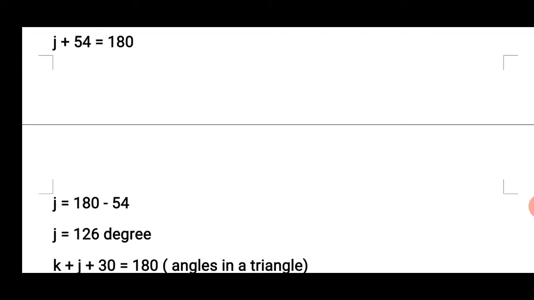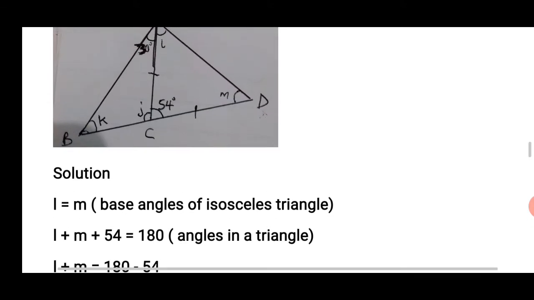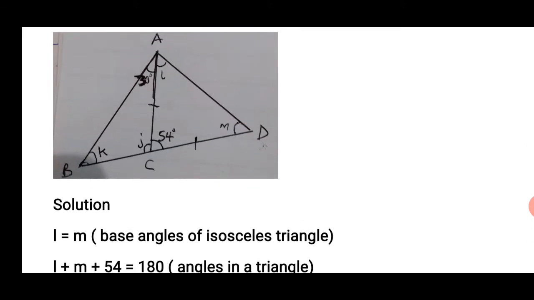Now to find our angle K, let's look at the diagram again. Our angle K is within another triangle. Triangle ABC contains angles 30 degrees, J and K. Now we have determined the value of angle J and we are given angle 30 degrees.